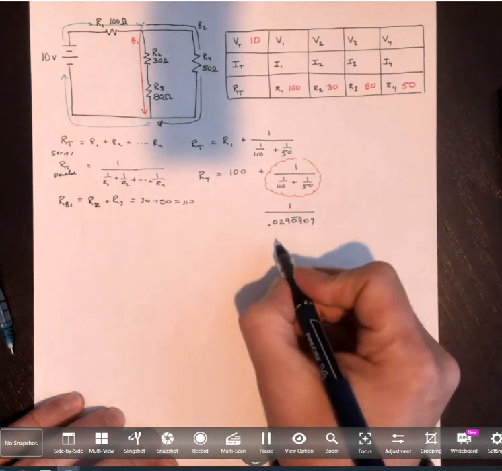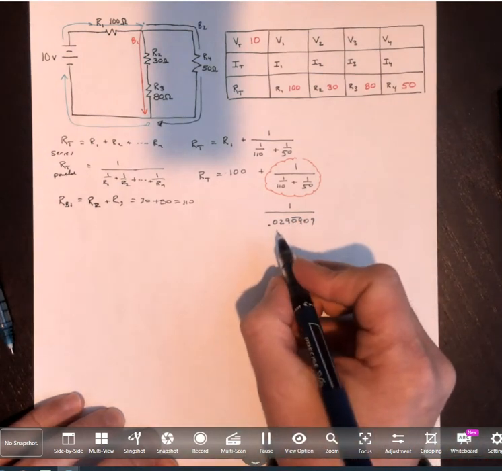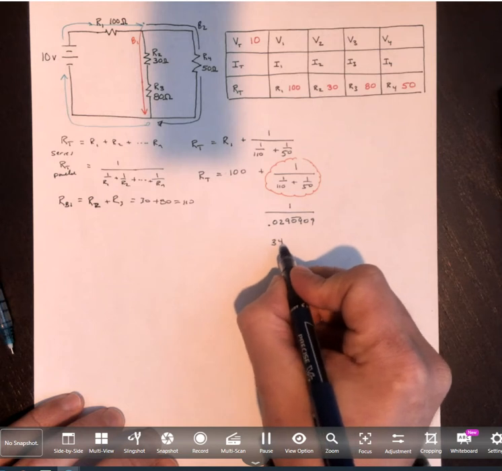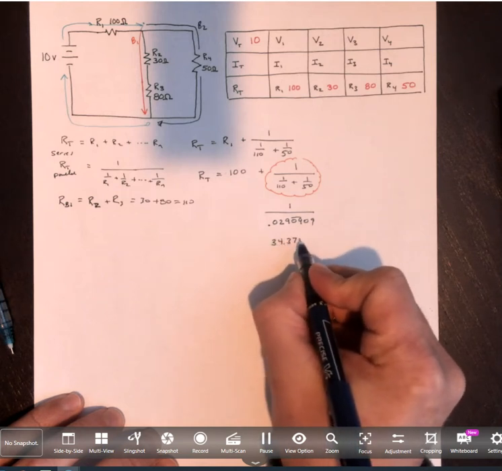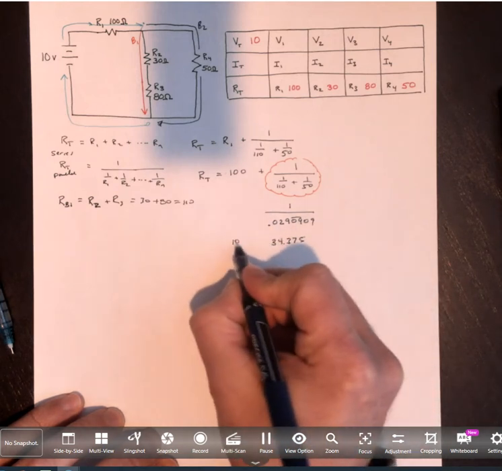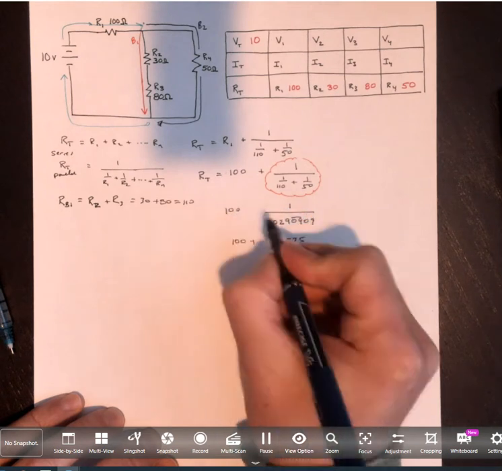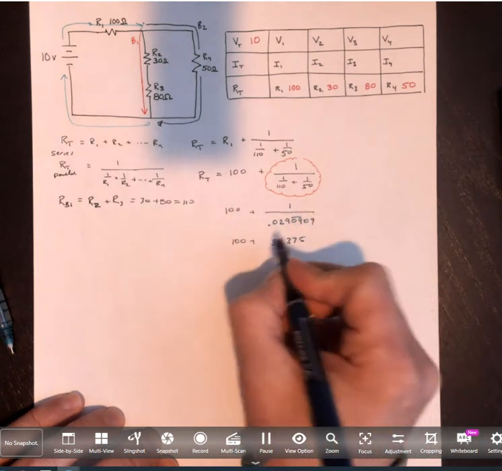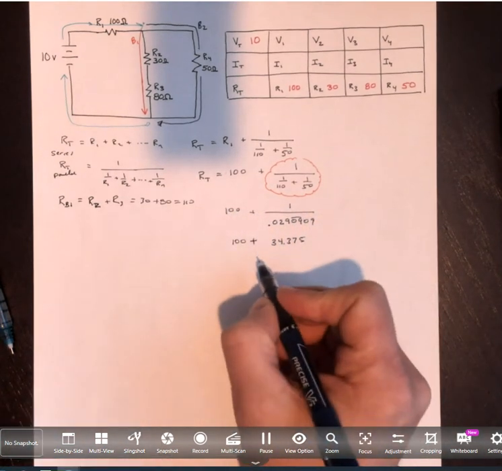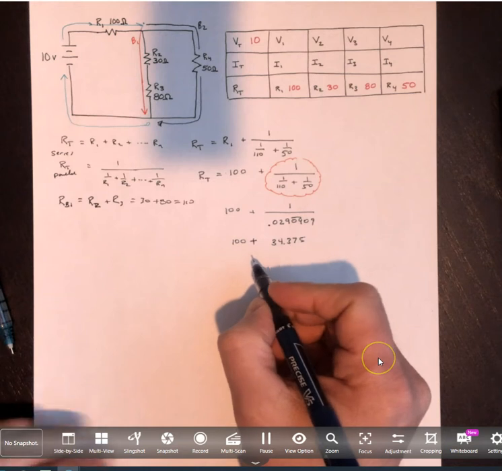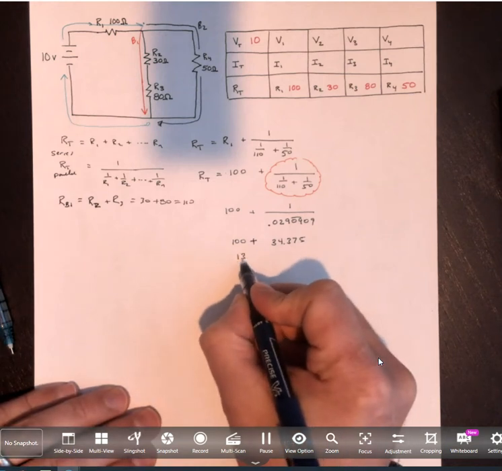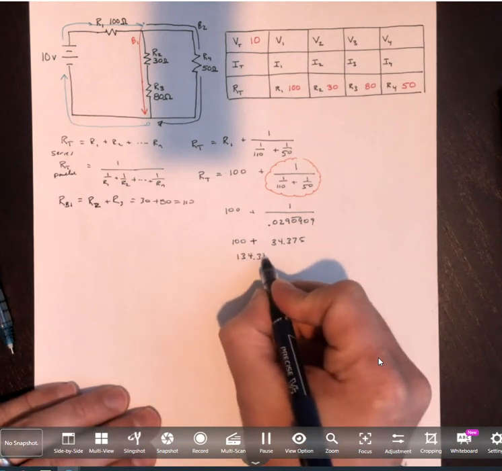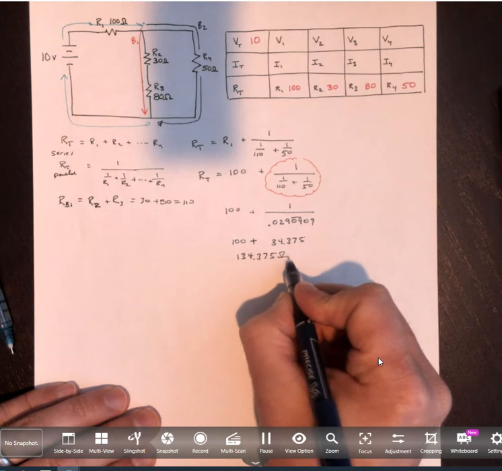When I divided that, I got 34.375. And my 100 had to add to that, so I ended up with 134.375 ohms.